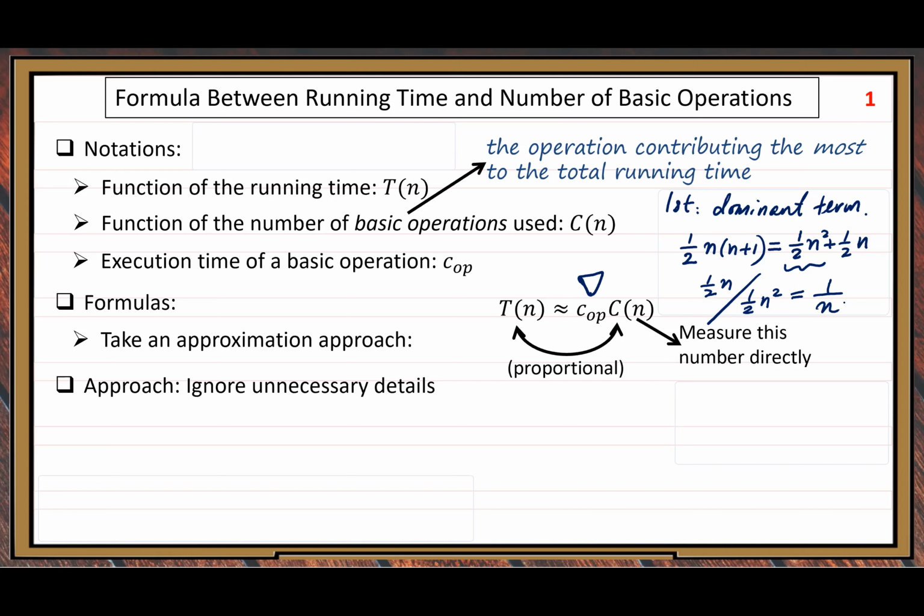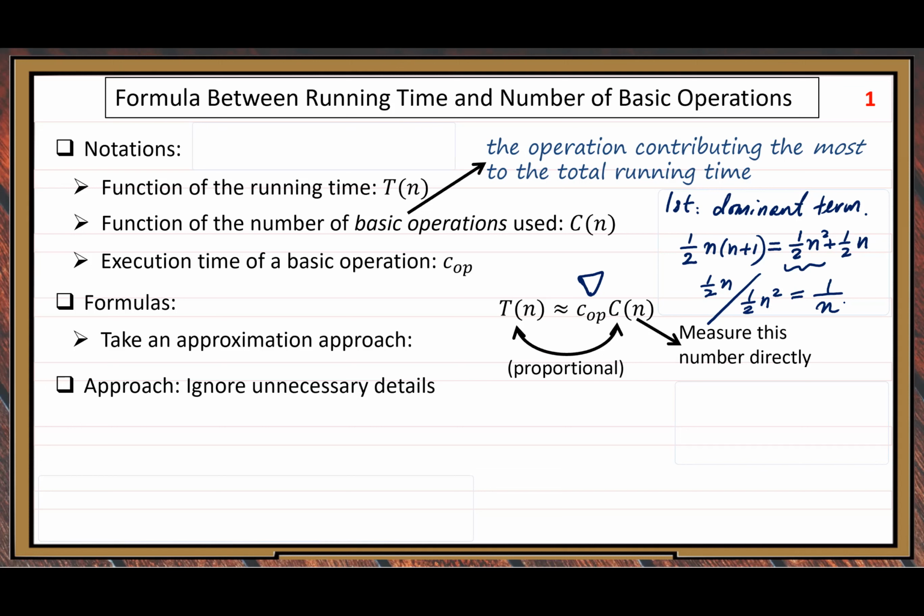But when n equals 1,000, it is 0.1%. When n equals 10,000, you throw away 0.01%. Do you feel comfortable when you throw away 0.01%? You do not have a problem, right?